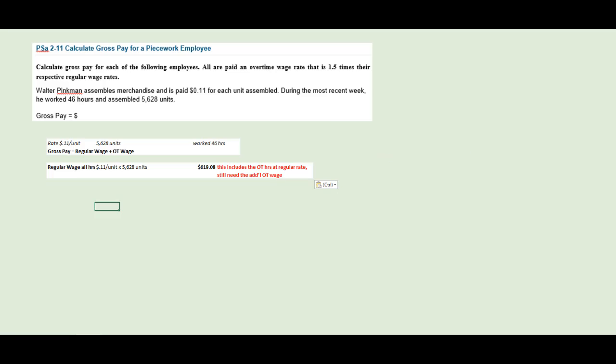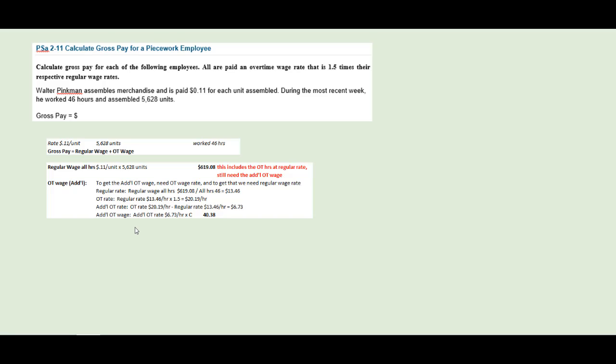And we'll get to that part. Actually, it's coming up next right here. This portion is how to calculate the overtime wage, the additional portion of overtime, because we already had the regular wage portion of the overtime. So the 6 hours of overtime here at the regular wage is included in this number.